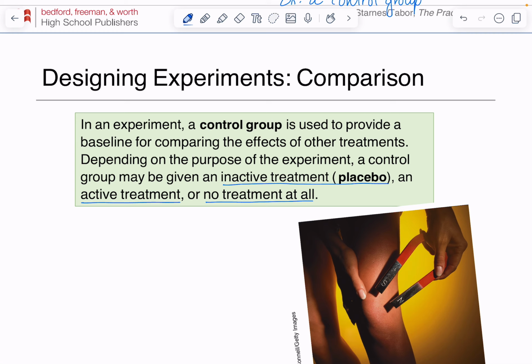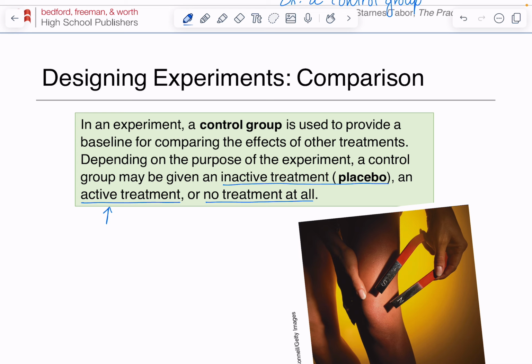So I'll give you an example. We just did one about placebos. So you get vitamin D or you get a fake vitamin D pill placebo. When 2 groups might get both active treatments is, for example, a cancer study where group A gets the existing cancer treatment and group B gets the new experimental cancer treatment.